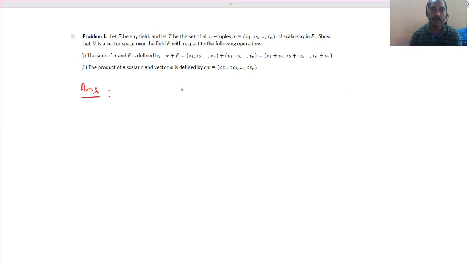From an examination point of view, you write down the given hypotheses. Let F be any field and V be an n-tuple vector space.